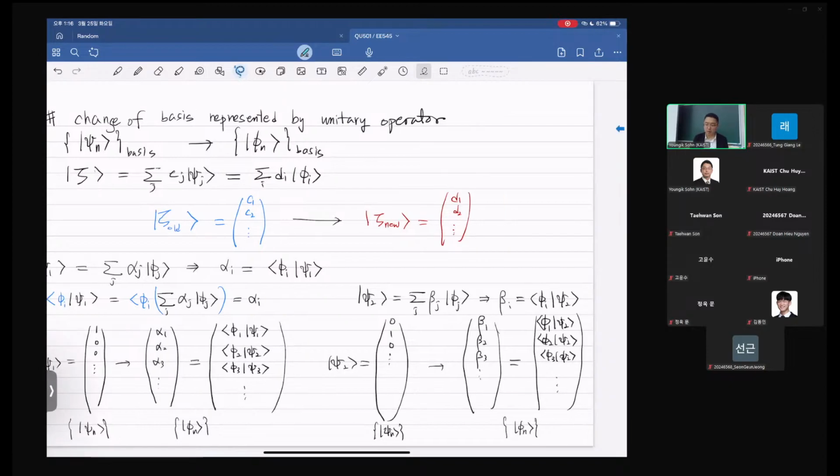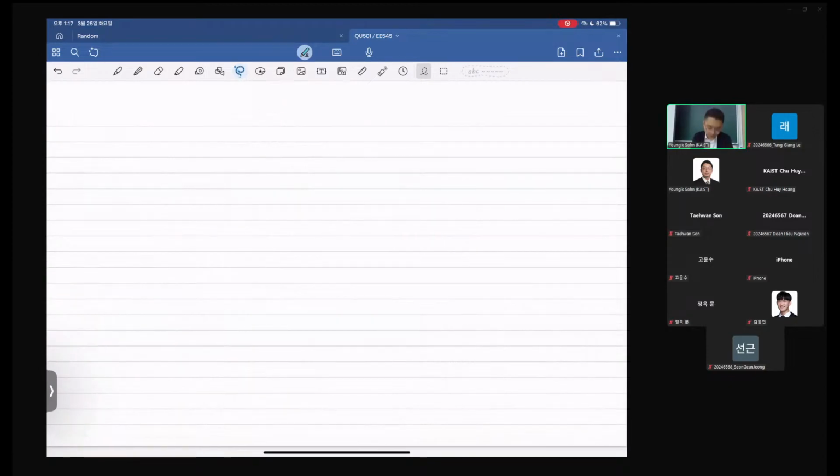Let me write what we did in terms of the linear algebra expression. Let's say I am given this quantum state. To make the notation simple, I'm just removing the sigma sign.